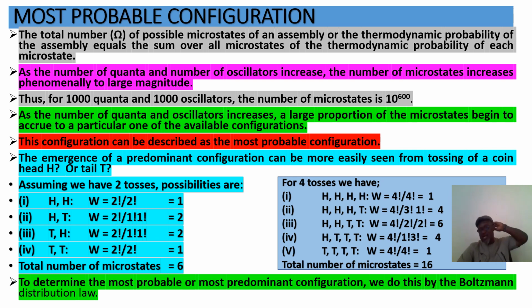Now I want you to go back, bring your pen and paper, toss the die 8 times, 12 times, and possibly 16 times. And then let's see what you will get. And then from there, see if you can see any particular configuration standing out to become the most probable configuration.